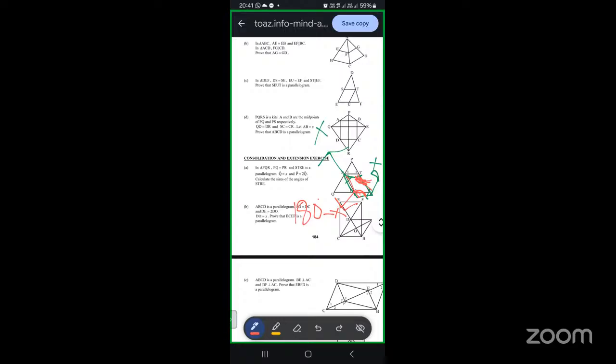I'm not sure. That's a parallelogram. Won't it be 180 degrees minus x as well? Opposite angles of a parallelogram are equal. Yes, sir, it will be. Oh, yes, absolutely. It will be, yes.